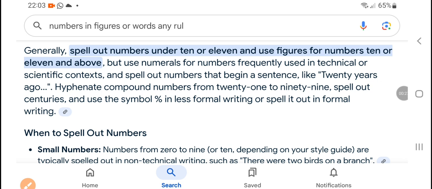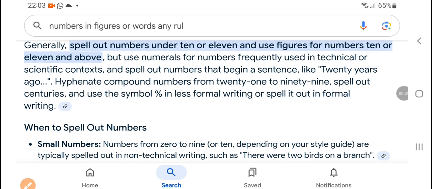What do the rules say? Generally, spell out numbers under 10 or 11 and use figures for numbers 10 or 11 and above.